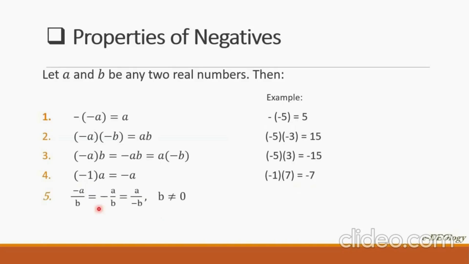The fifth rule is when we are going to divide two numbers of opposite signs. So one is negative, the other is positive.